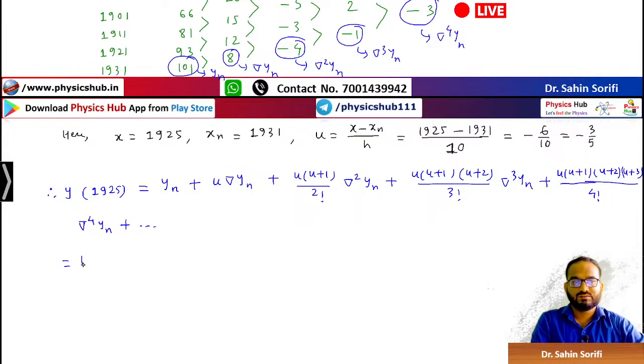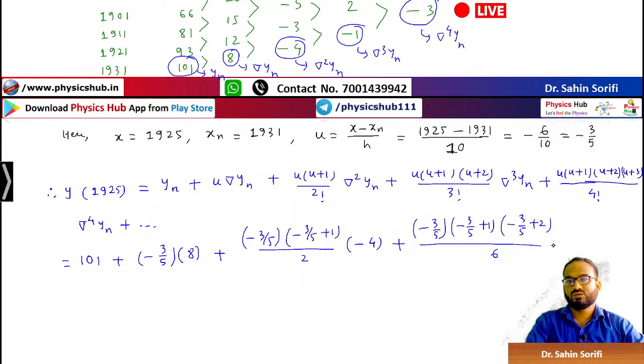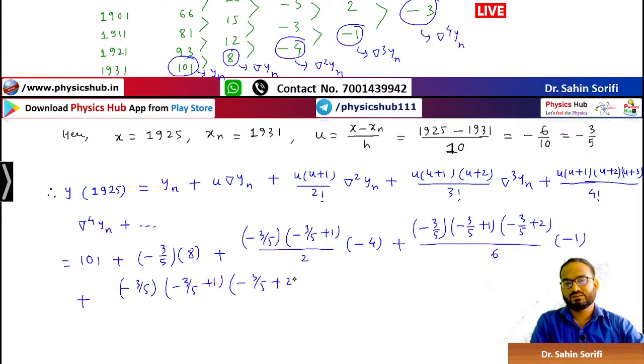So yn is 101, plus u is minus 3 by 5 times nabla yn which is 8, plus minus 3 by 5 into minus 3 by 5 plus 1 by 2 times nabla square yn which is minus 4, plus minus 3 by 5 into minus 3 by 5 plus 1 into minus 3 by 5 plus 2 by 6 times nabla cube yn which is minus 1, plus minus 3 by 5 into minus 3 by 5 plus 1 into minus 3 by 5 plus 2 into minus 3 by 5 plus 3 divided by 4 factorial. 4 factorial is 24.